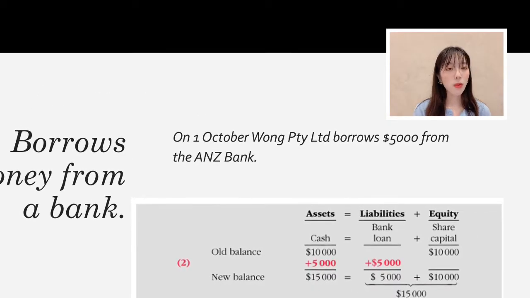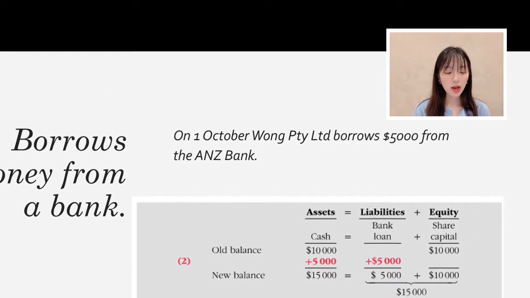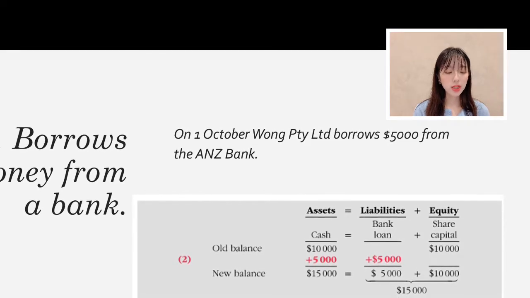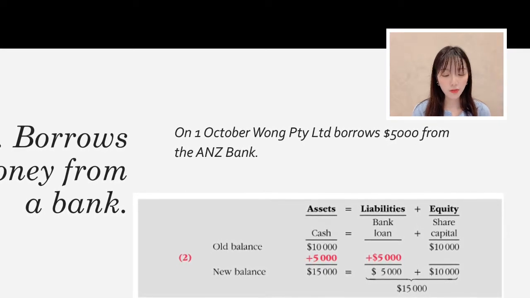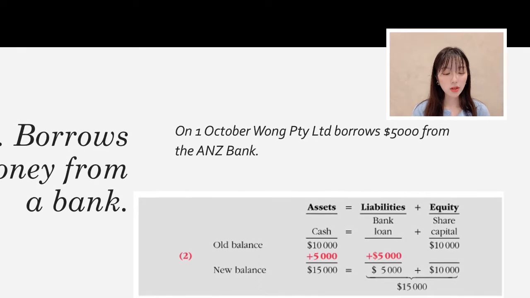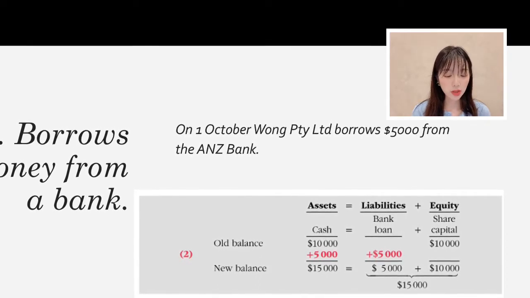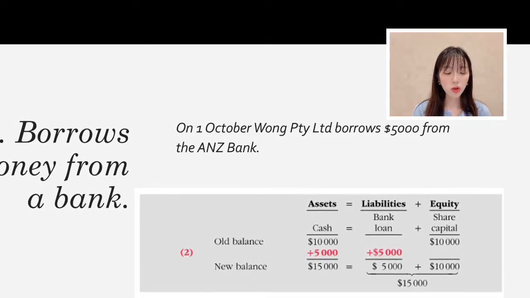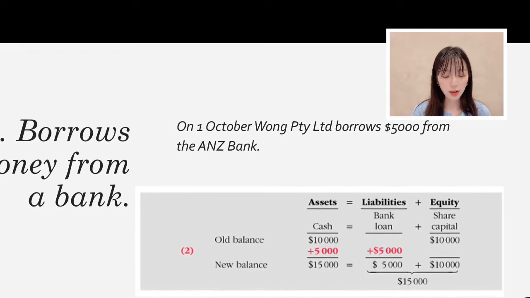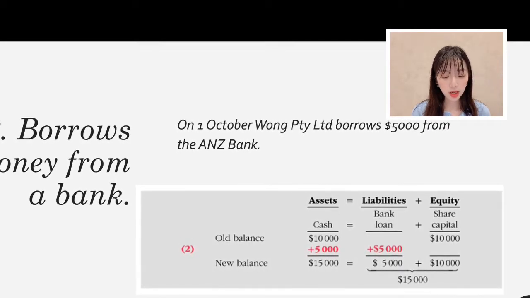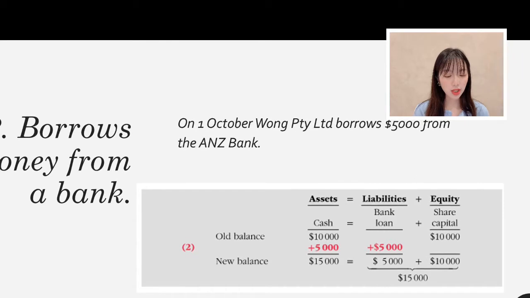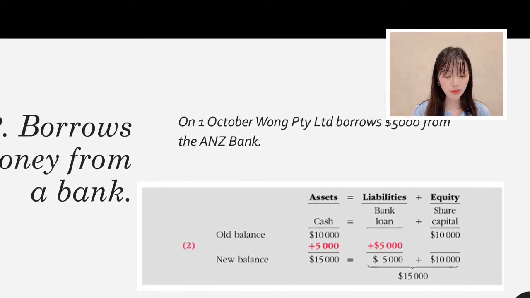Next, borrow money from a bank. On 1 October, One Limited borrowed 5,000 from NZ Bank. This transaction results in an equal increase in assets and liabilities. Cash increased 5,000 and the bank loan increased 5,000.